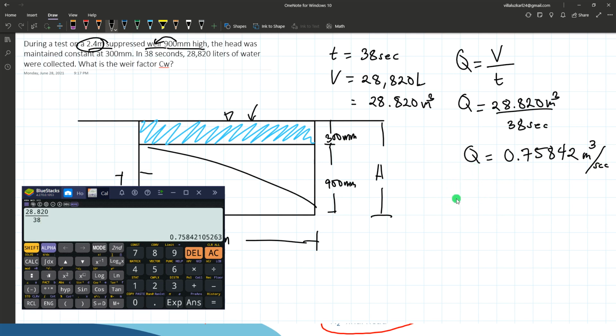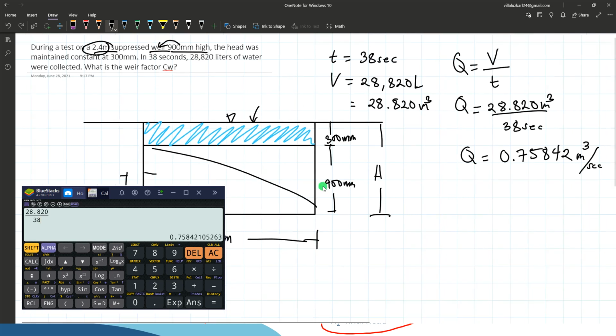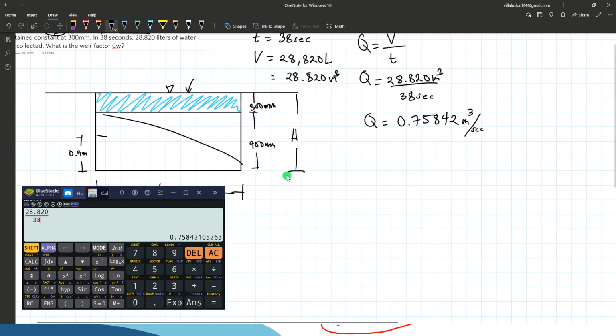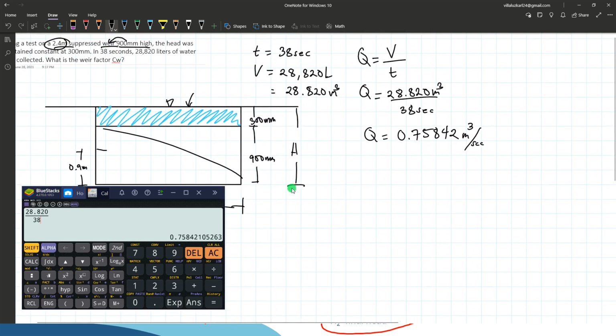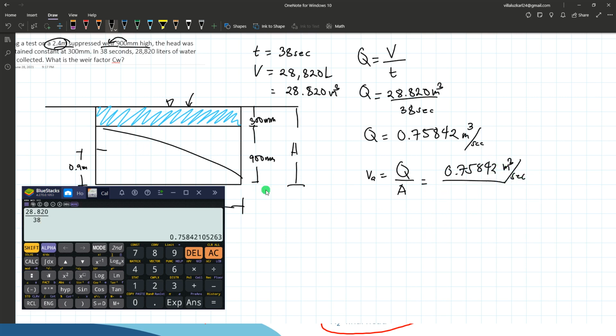Then since we have a discharge, we can determine the velocity of approach. The velocity is discharge over cross-sectional area. So velocity of approach: discharge 0.75842 cubic meters per second divided by the cross-sectional area.